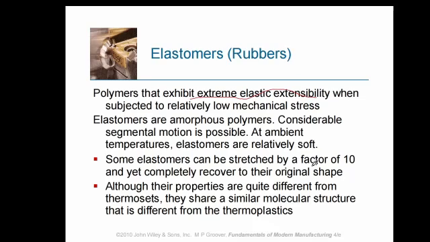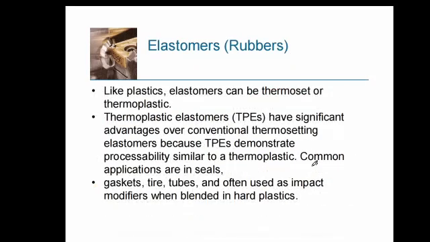And although the properties of elastomers are quite different from thermosets, they share some similar molecular structures that is different from the thermoplastics. And elastomers can also be thermoset or thermoplastic.